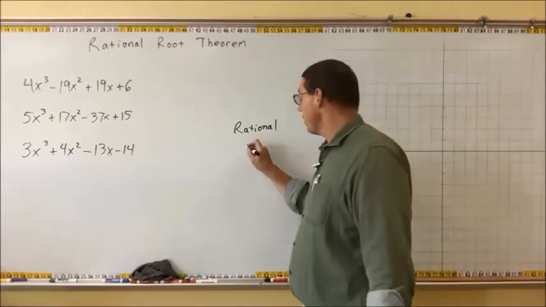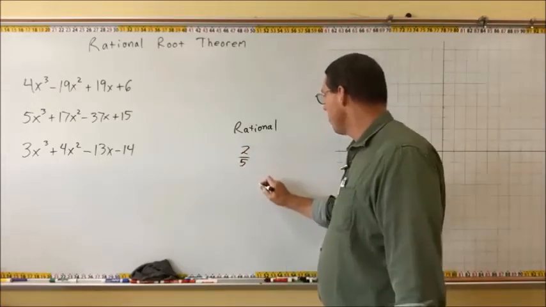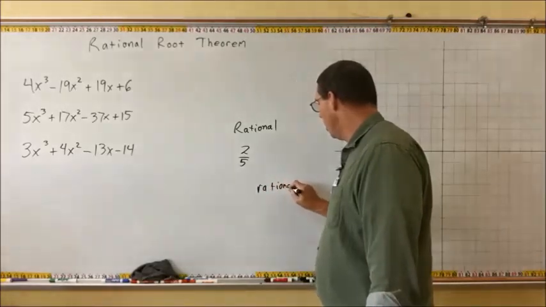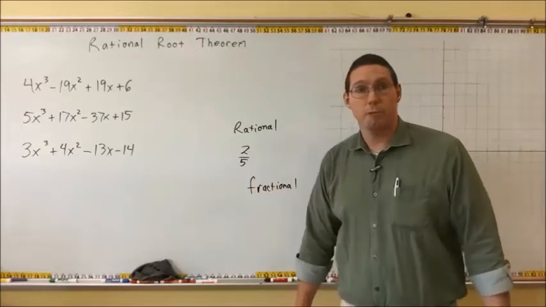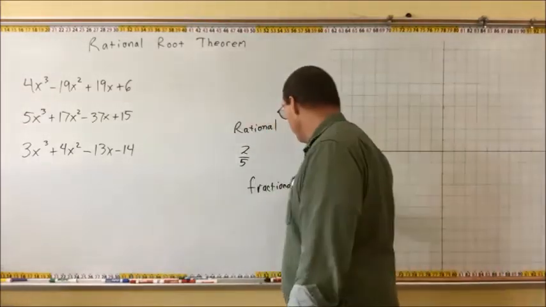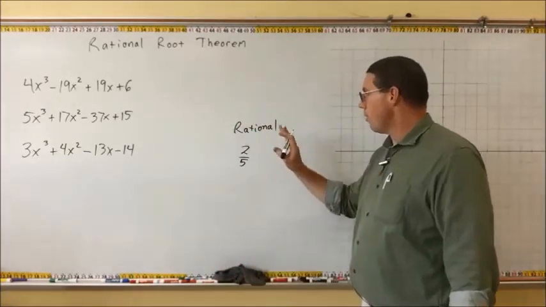Okay? So for example, the number 2/5 is a rational number, because remember that rational means fractional. Rational means fractional. So anything that can be represented as a fraction is a rational number.